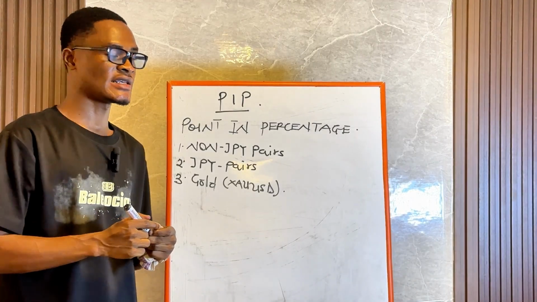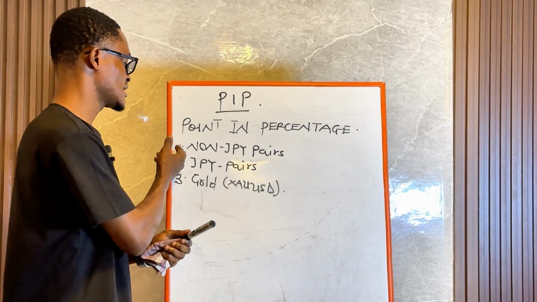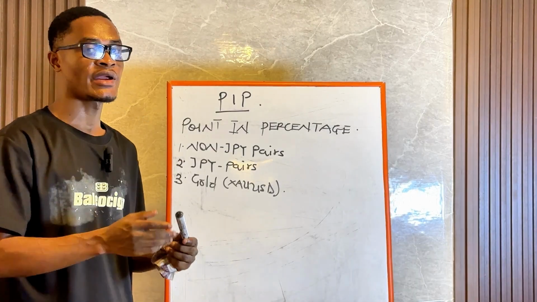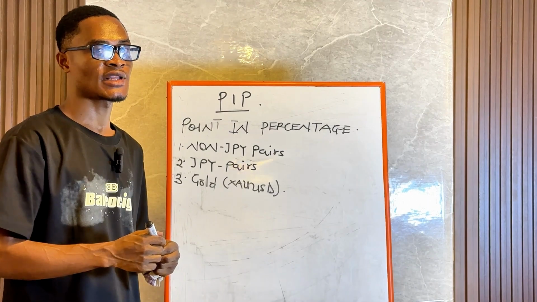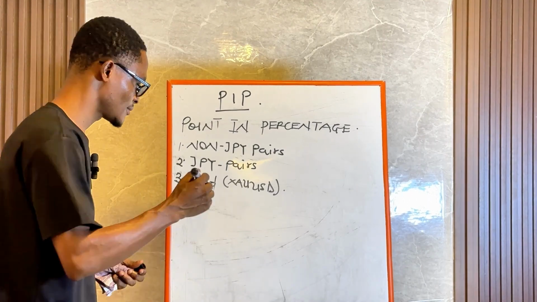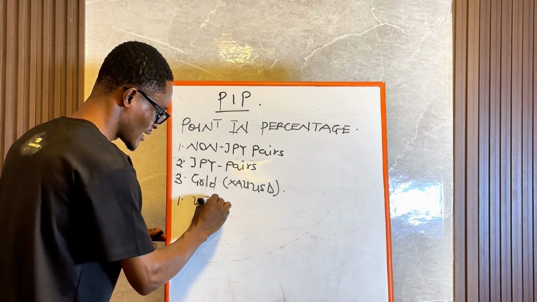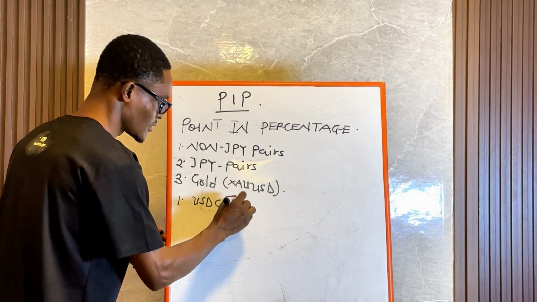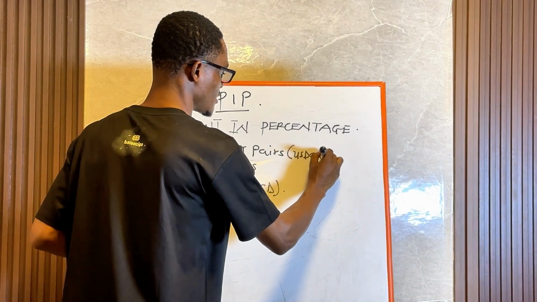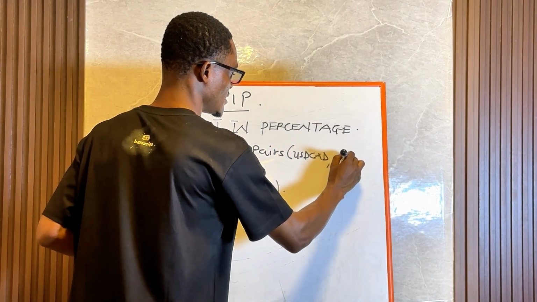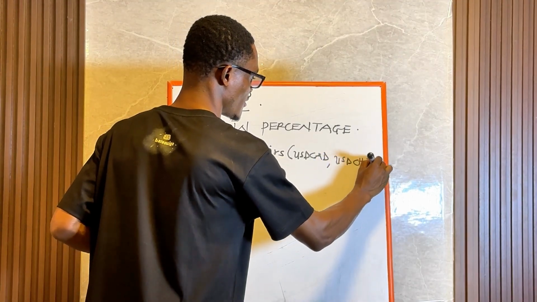Let's start with the first concept. The non-JPY pairs are pairs which do not include the JPY, and examples are USD CAD, USD CHF.